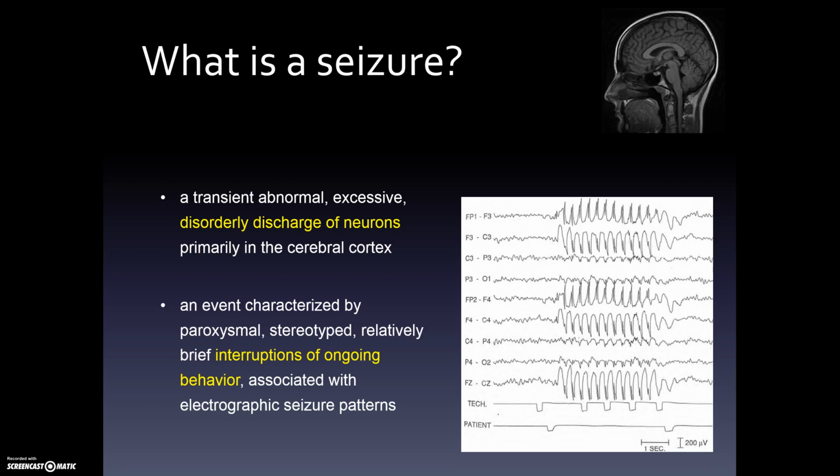I want to draw your attention to the aspect of the definition that refers to the interruption of ongoing behavior, because we often think of seizures as being an event in which there are dramatic manifestations such as abnormal movements. But in fact, what's more characteristic of seizure is that it interrupts an individual's usual ongoing behavior. And so it may appear simply as a lack of awareness, lack of responsiveness, or staring off.